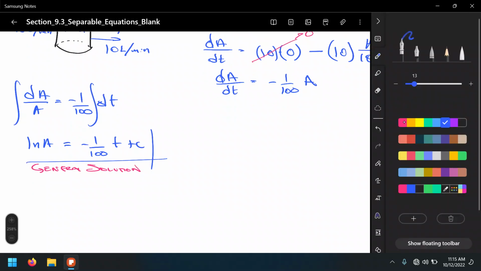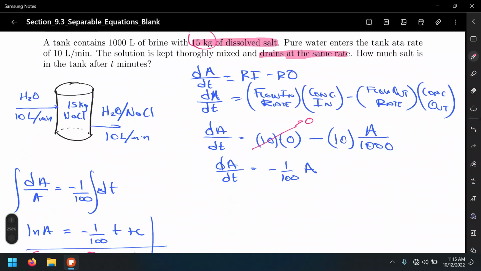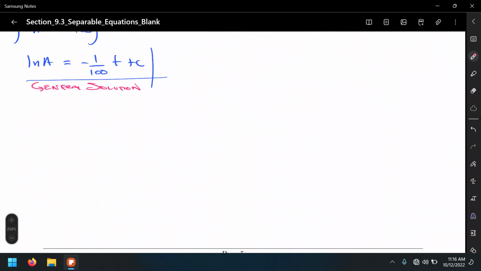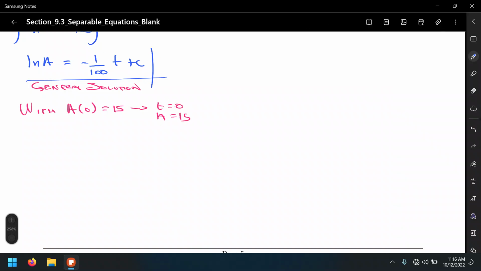So we're going to use that piece of information, which is the initial amount before water comes in, with A of 0 equals 15. That is, when t equals 0, A equals 15. So we can plug in these values in the general solution and find the value of c.